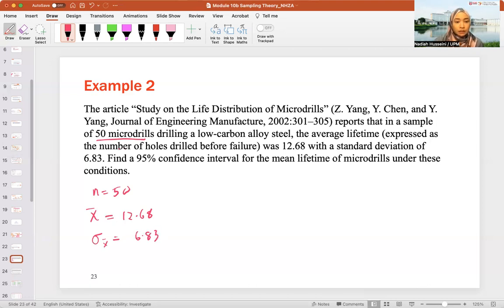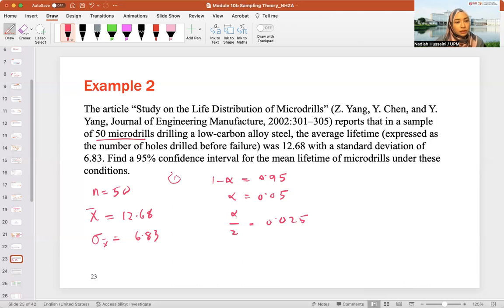Find a 95% confidence interval. So we know that 1 minus alpha is 0.95 and alpha is 0.05. Alpha over 2 is 0.025, if my math is correct.